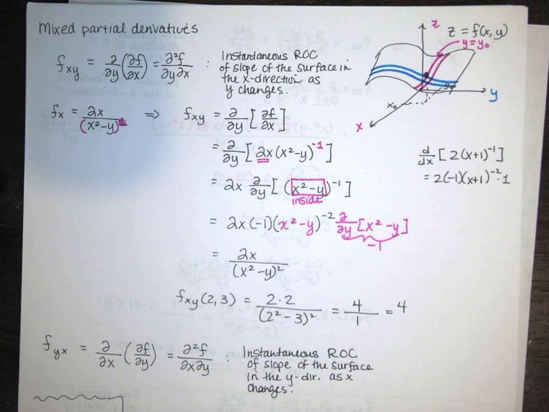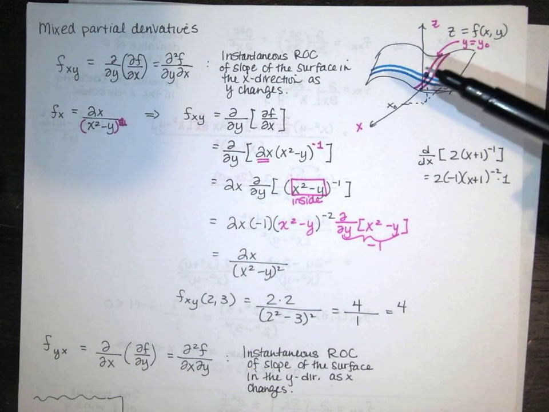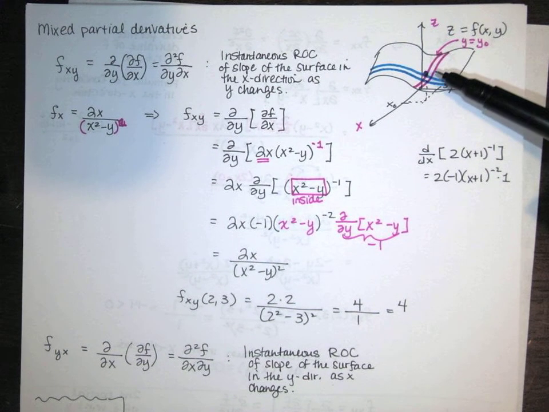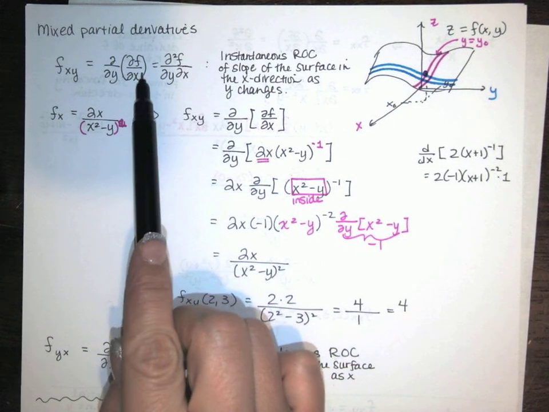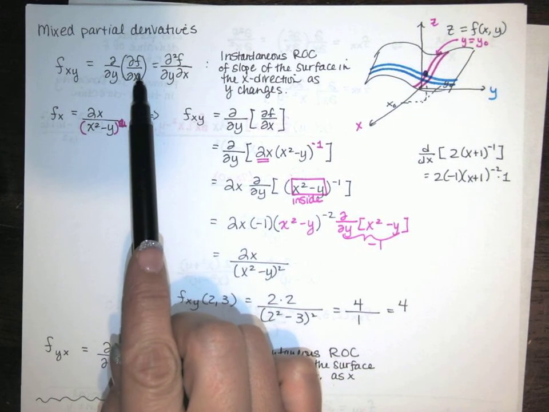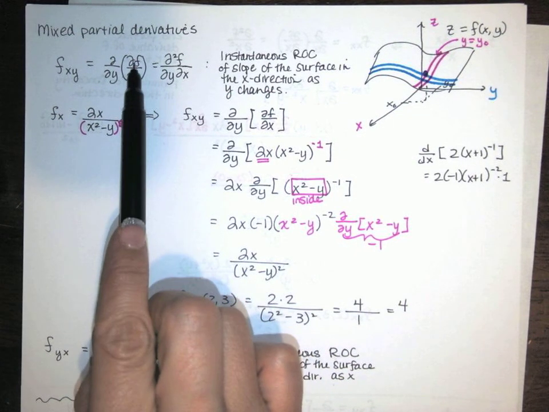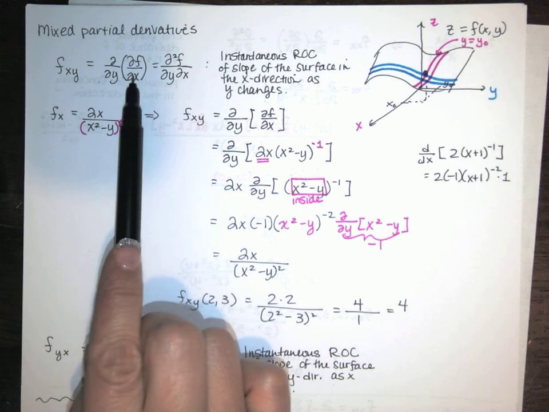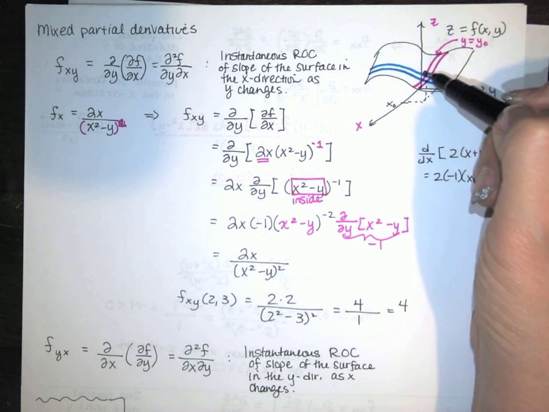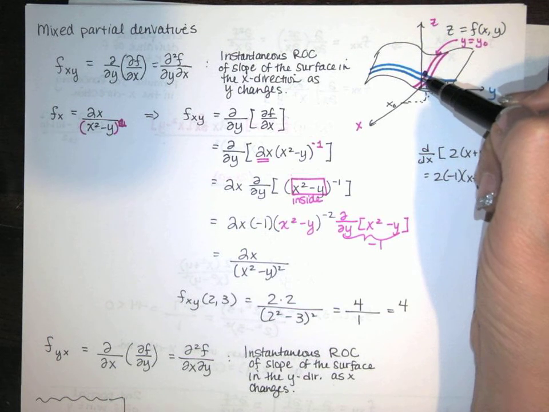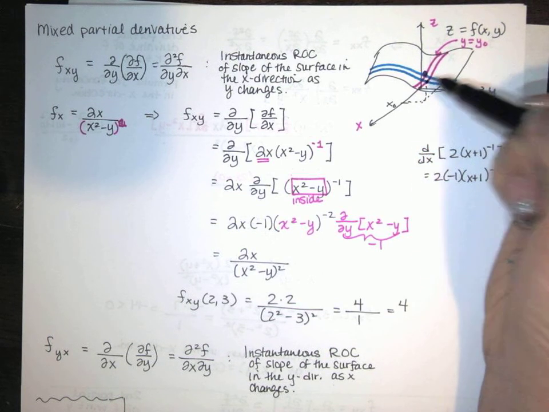Another argument that I've heard often, and it's a geometric argument, and it's a little bit hand-wavy, sorry about that, is, okay, this is asking about the rate of change of the partial of f with respect to x. So it's the rate of change of the slope in the x direction as y changes. So I'm starting at this purple point, and I'm going in the x direction and then in the y direction, and I end up right here.